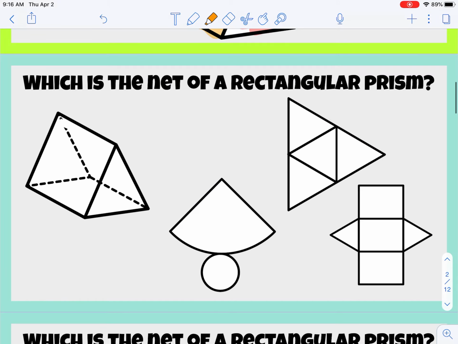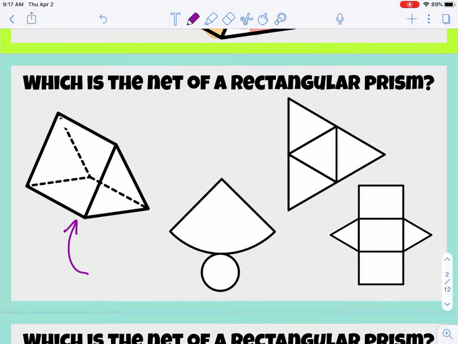So the first thing I want us to think a little bit about is what does a triangular prism look like when it's unfolded? So we talked a little bit about nets with rectangular prisms. We're going to look at nets more as we do surface area. So over here, Mrs. Brown gave you a triangular prism. And I gave you three possible nets, three possible unfoldings, if I take that shape apart, of a triangular prism.